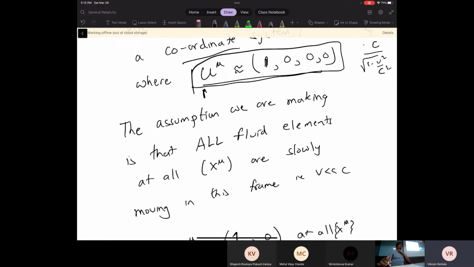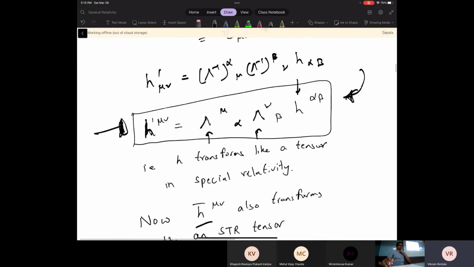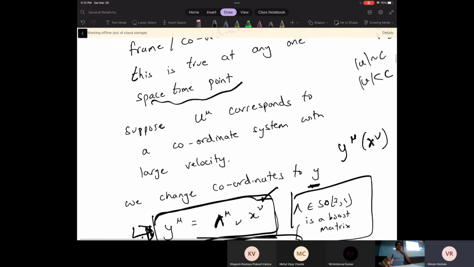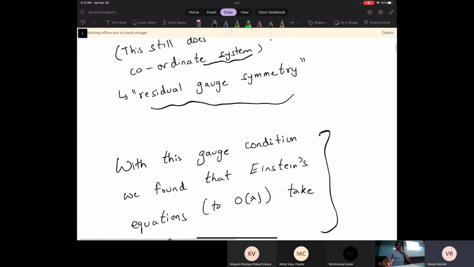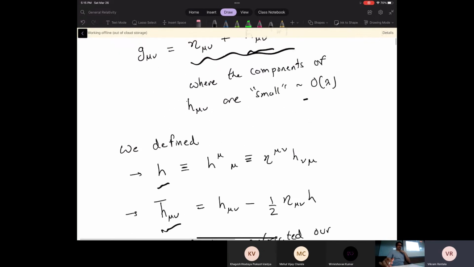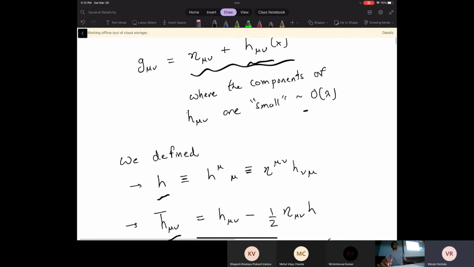So is it still a small coordinate transform if you transform a large velocity to a small velocity? Yeah, strictly speaking, it's not true.